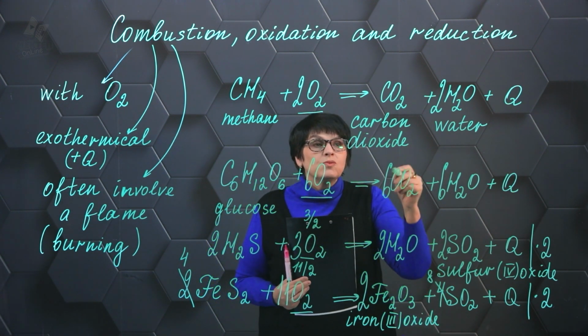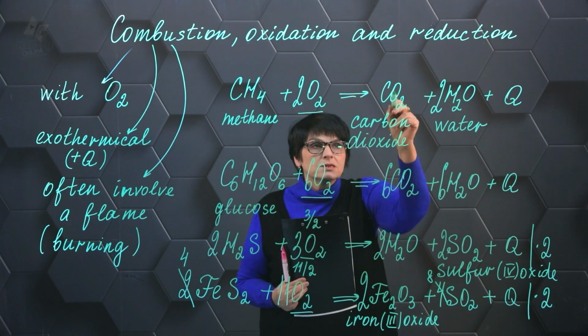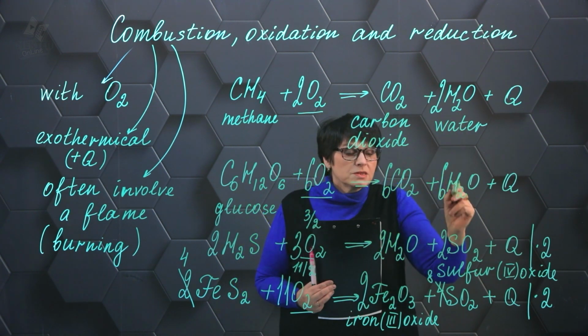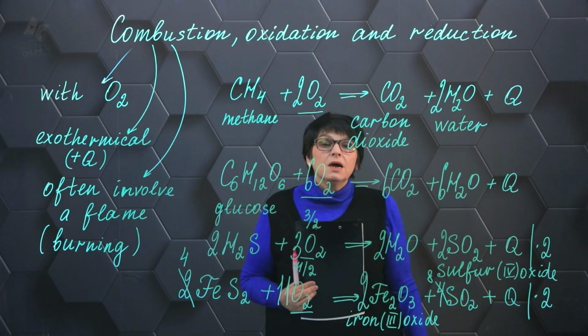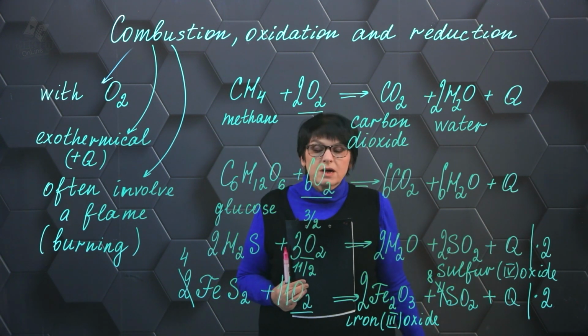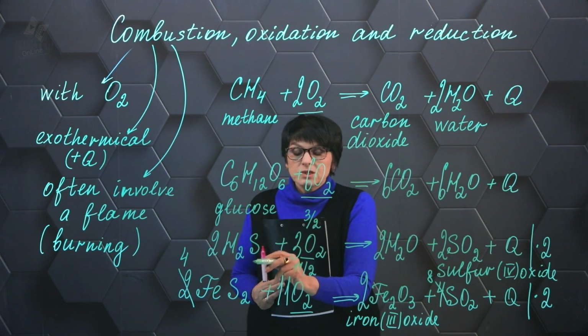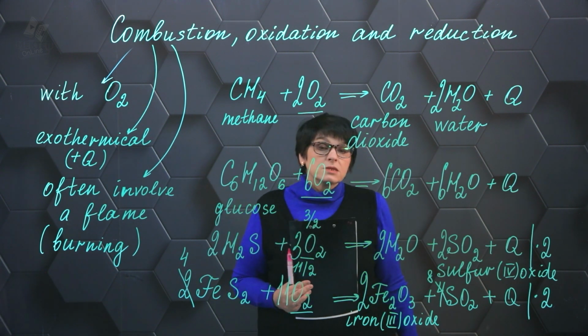But as we have shown in the last two examples, other substances can also burn, such as those containing hydrogen and sulfur, or metal and sulfur, and such substances also undergo combustion.